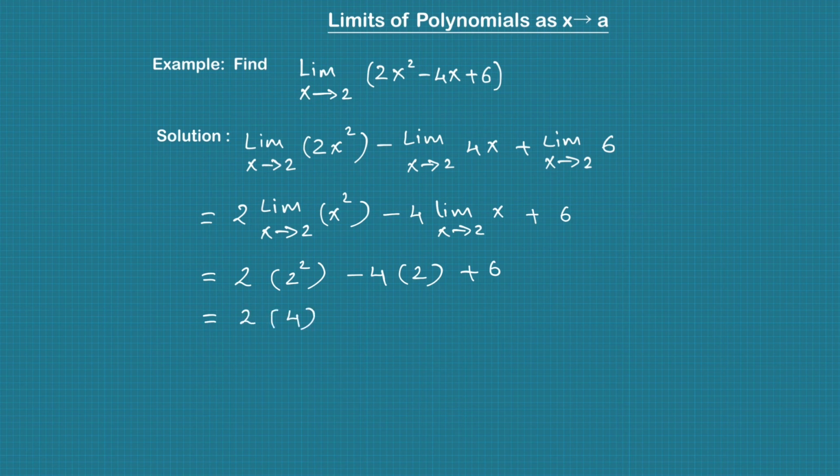The limit as x approaches 2 of the function x squared is 2 squared, and the limit of the function x as x approaches 2 is obtained by plugging in x equals 2. The limit of a constant is constant. Simplifying this, we obtain that the limit of the polynomial 2x squared minus 4x plus 6 as x approaches 2 is equal to 6.